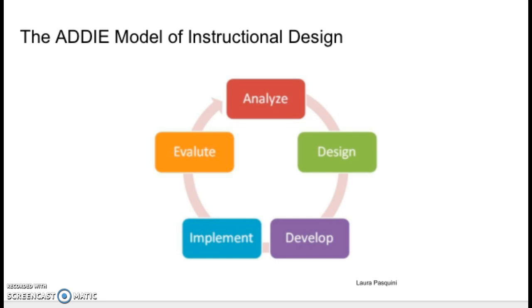Starting with analyzing the learner's needs, the designer then works through designing and putting together the instruction, developing it, then putting it into practice, and then evaluating how the whole system went. So when you look at the stages of ADDIE, analyze, design, develop, implement, and evaluate, you can see that it is indeed sort of a macro model of how to put instructional design together.